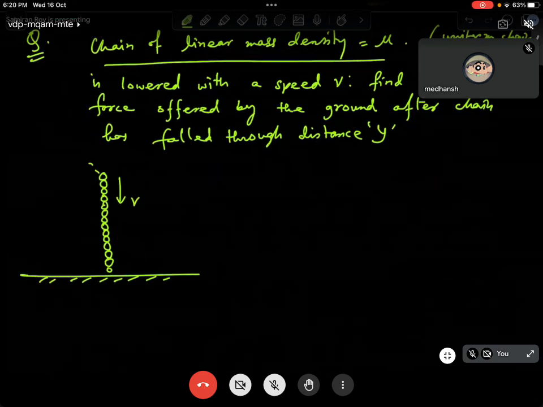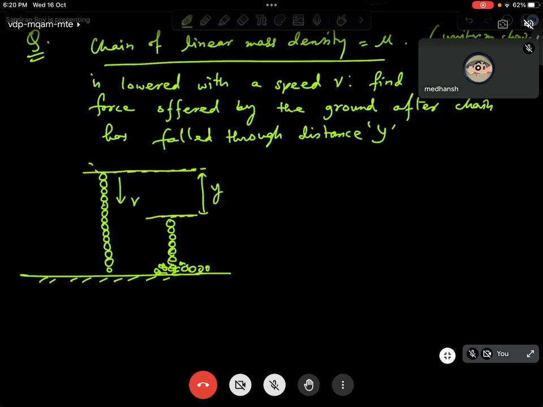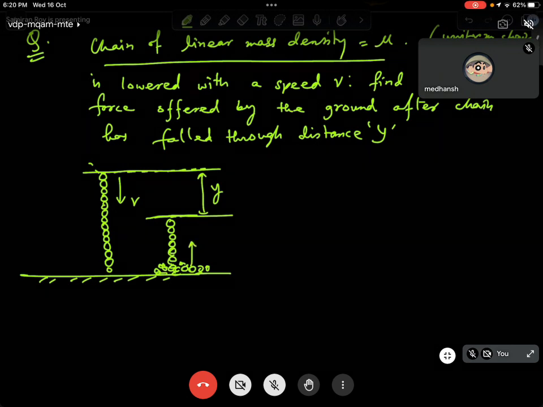After some time the chain will be like this, correct? It has fallen through a distance of y. When it has fallen through a distance of y, what is the normal force or reaction force from the ground?